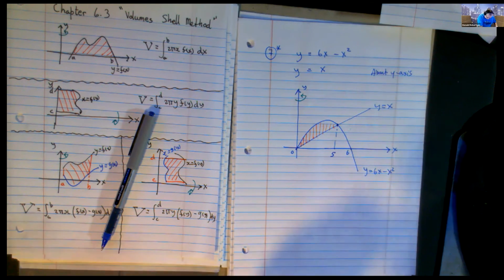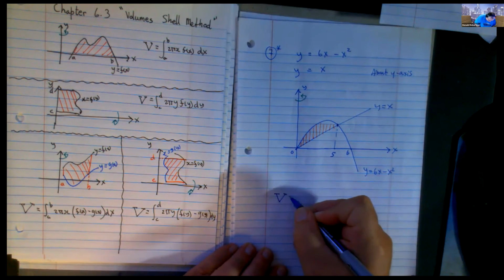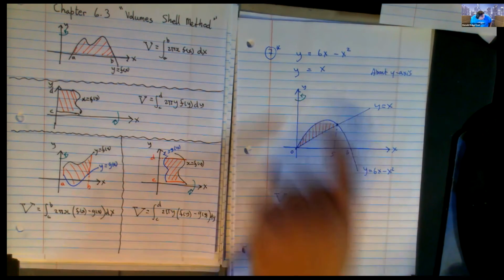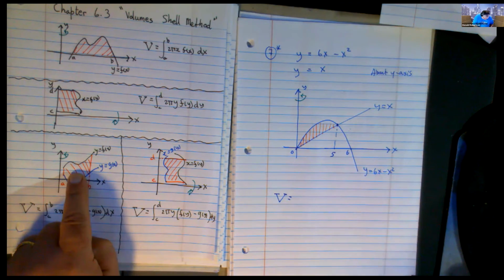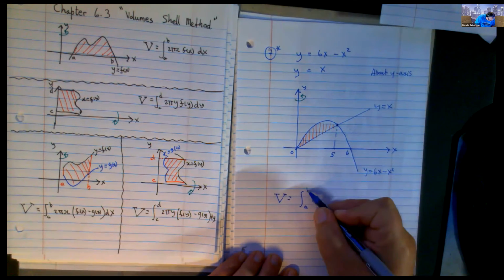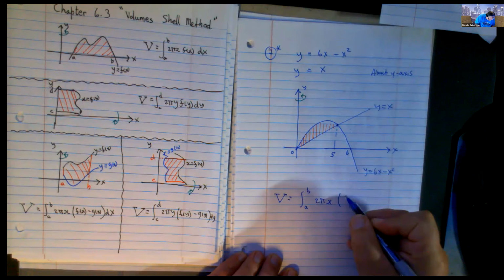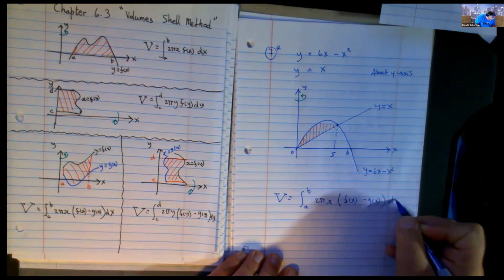Okay, so would you agree it's 2 curves about the y-axis? So what we're looking at here is this fella. It's going to be the integral from a to b of 2 pi x, I'll call it f of x, take away g of x, dx.